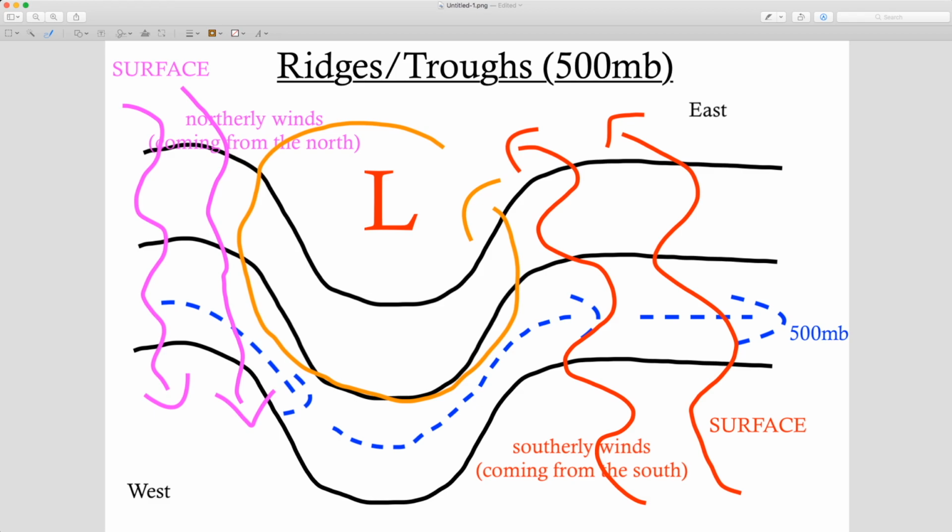But screenshot this, you'll use it as a reference, and then screenshot the zonal one we did just before, and you're going to be using these as reference. Now we're going to go back to our 500 millibar maps that we grabbed from the Storm Prediction Center. We're going to find southerly winds, northerly winds, and the low pressure.